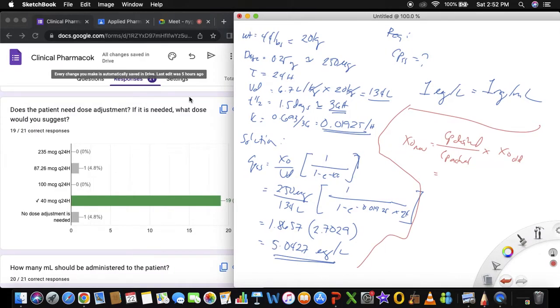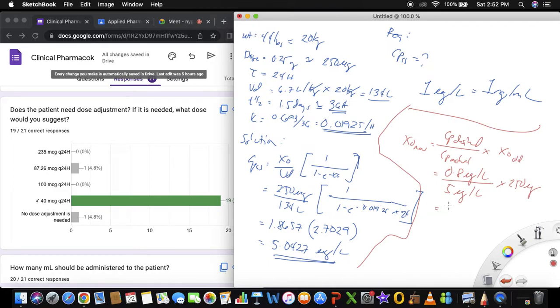Alright. So, ang desired ko is 0.8 microgram per liter. Now, ang aking actual na-compute ko is 5 microgram per liter. Tapos, ang dose na gamit ko that gave me 5 microgram per liter would be 250 micrograms. Okay? So, gagawin lang natin yan is 0.8 divided by 5 times 250.